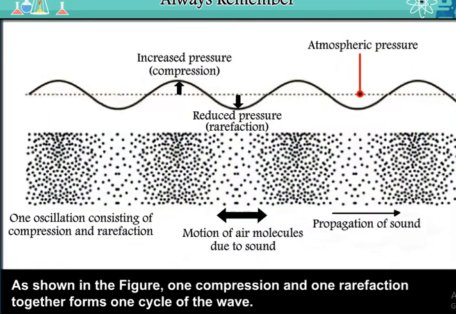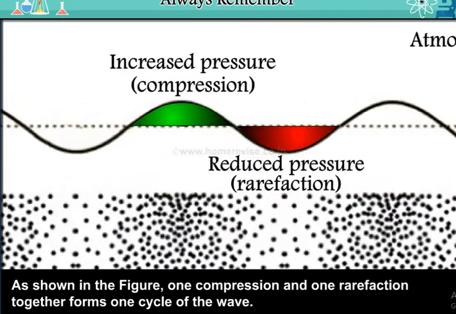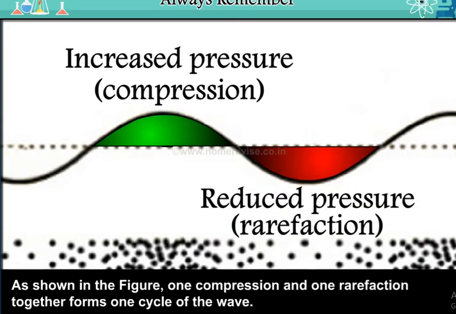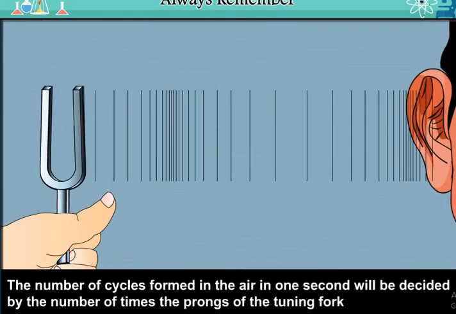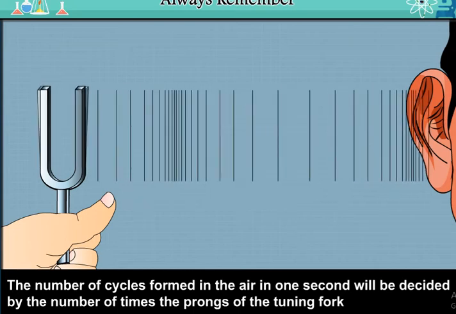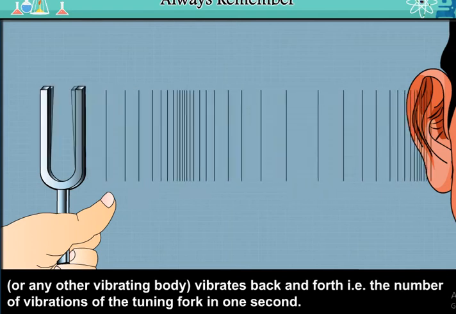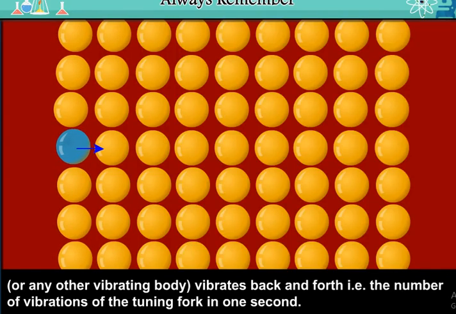As shown in the figure, one compression and one rarefaction together form one cycle of the wave. The number of cycles formed in the air in 1 second will be decided by the number of times the prongs of the tuning fork or any other vibrating body vibrate back and forth.